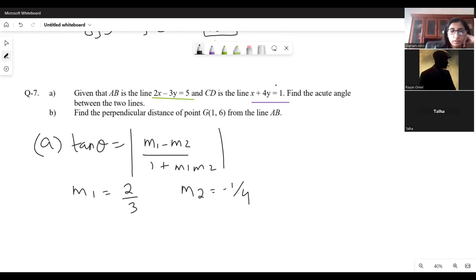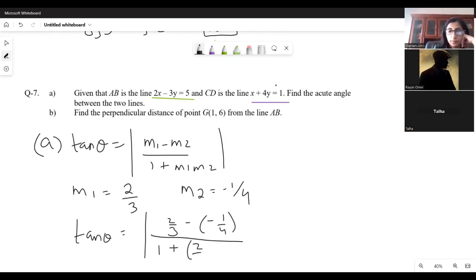Okay, now let's enter this in the formula: modulus of 2 by 3 minus bracket -1 by 4, upon 1 plus 2 by 3 times -1 by 4.